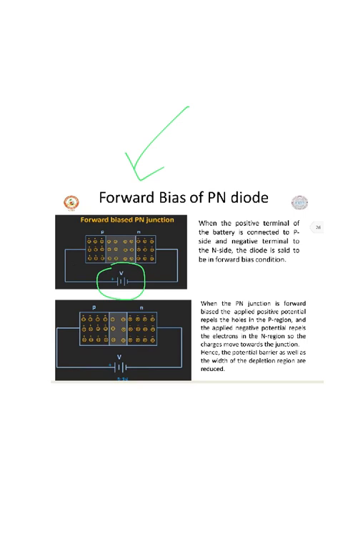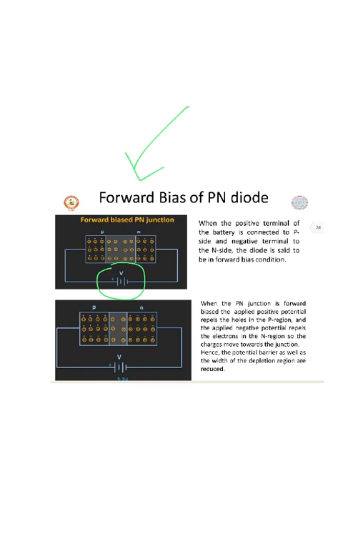When the PN junction is forward biased, the applied positive potential repels the holes in the P region, and the applied negative potential repels the majority charge carriers in the N type, the electrons, in the N region.